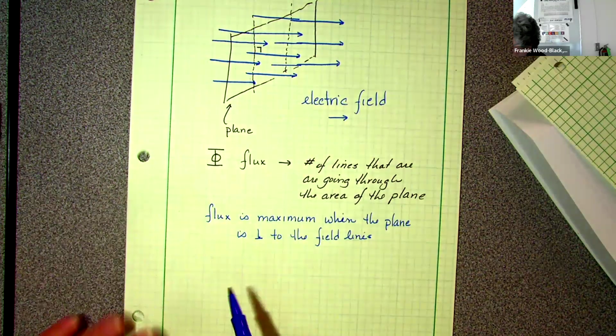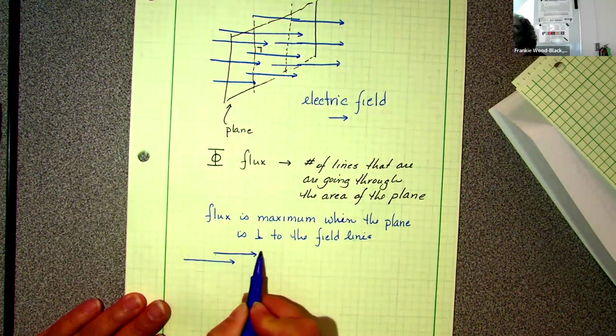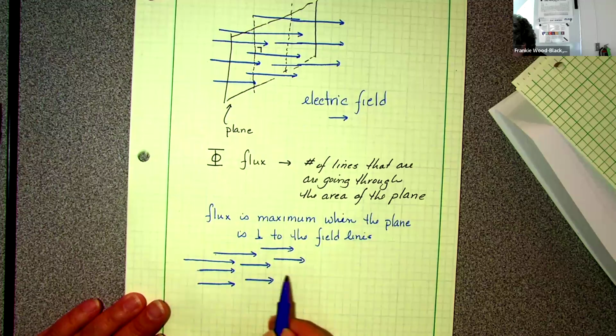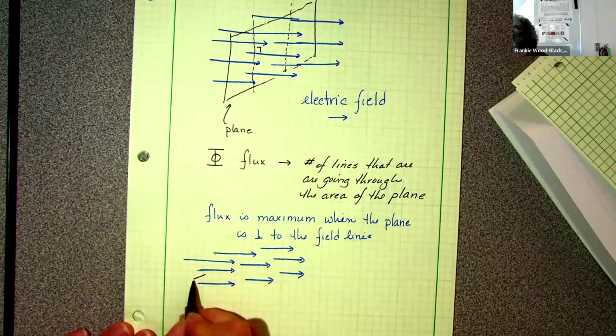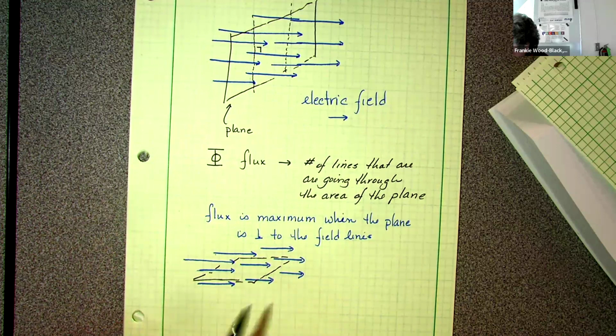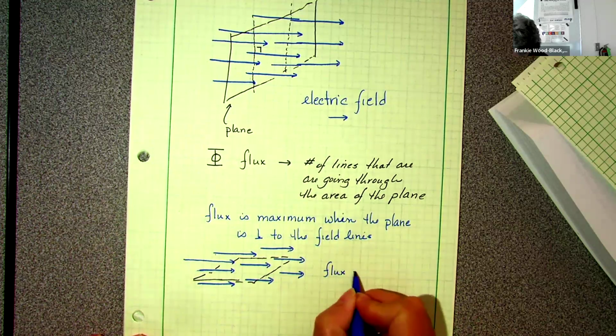Now look what happens if I draw my plane a little differently. If I draw my plane parallel to the field lines, the flux is essentially zero.